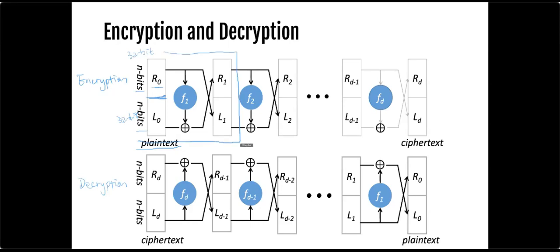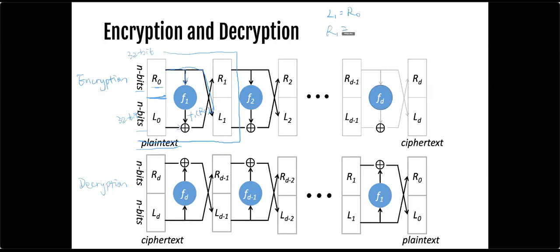R0 will go to L1, and another R0 will go to F1. So first of all, we have L1 is equal to R0. The other part of R0 will go to F1, so it will have F1 of R0, and then it's going to be XORed with L0, and it comes to R1.